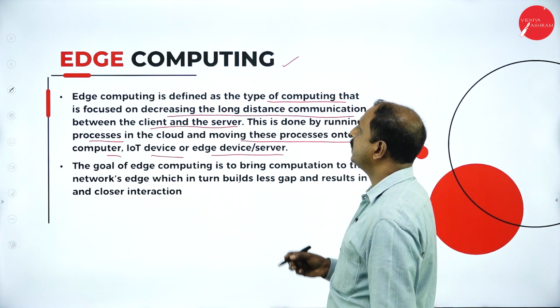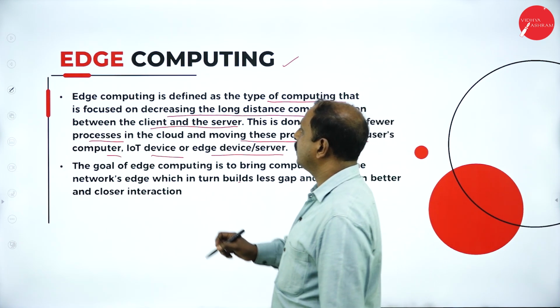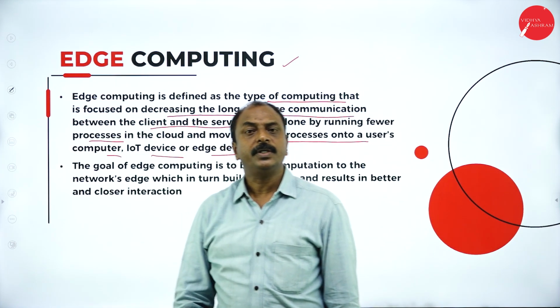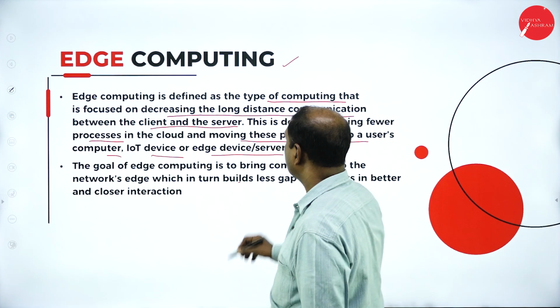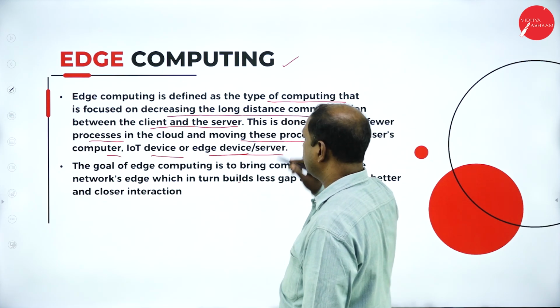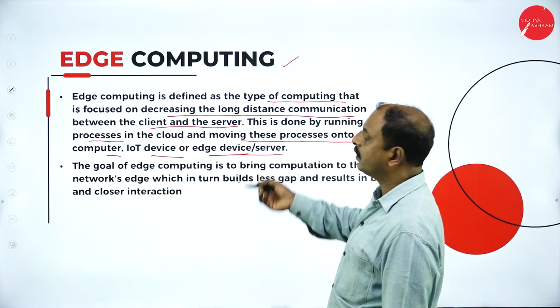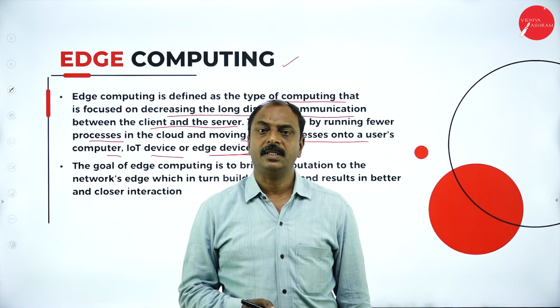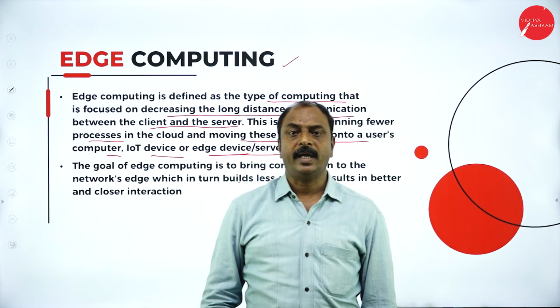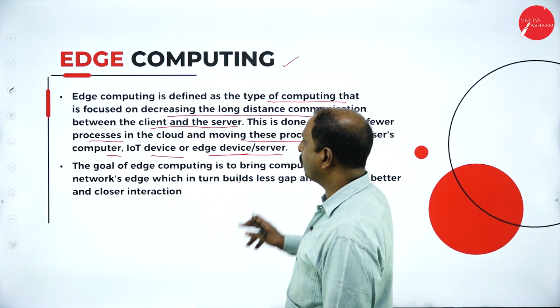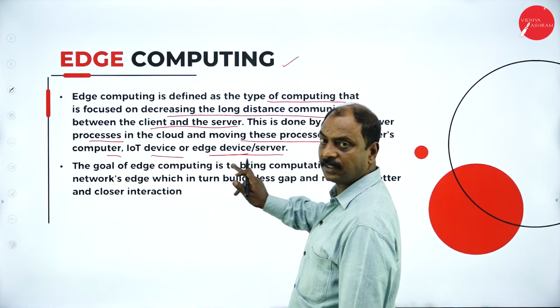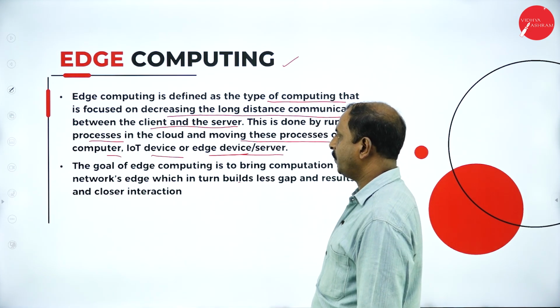Here there is a group of computers called edge devices. In this type of computing, a few of the processes are done in the cloud computing network, and the remaining part is processed at the edge devices. That is the concept of edge computing.